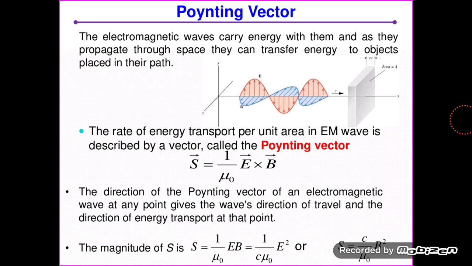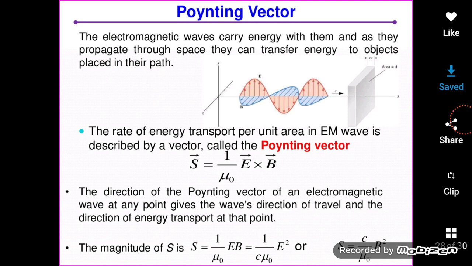Next, the important topic of the chapter is the Poynting vector. Electromagnetic waves carry energy with them, and as they propagate through space, they can transfer energy to objects placed in their path, which is shown in the figure.